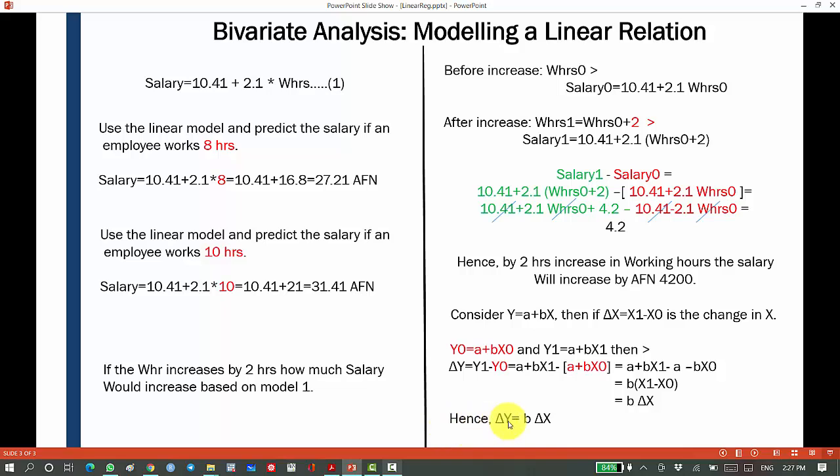Therefore, the amount of change in y is b times the amount of change in x. That is why when we increase the amount of working hours by 2, the amount of salary is changed by 2 times b, which is 2.1 here. 2 times 2.1 is 4.2. Thanks for watching and good learning.